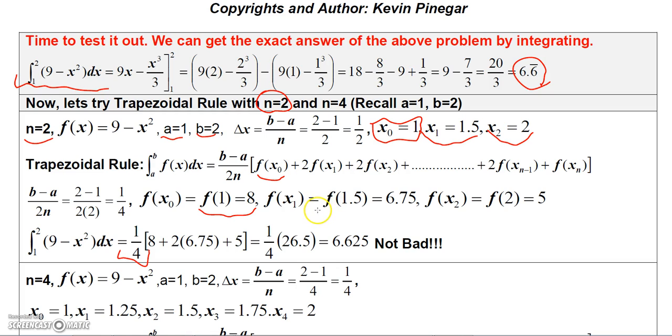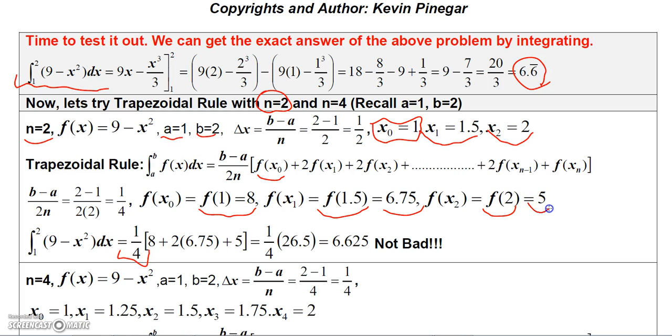Then I have to find, what is f of 1.5? Plug 1.5 into the function. 9 minus 1.5 squared is 6.75. And then what is f of 2? f of 2 would be 9 minus 2 squared, which is 5.